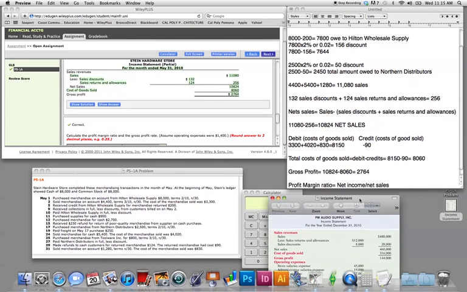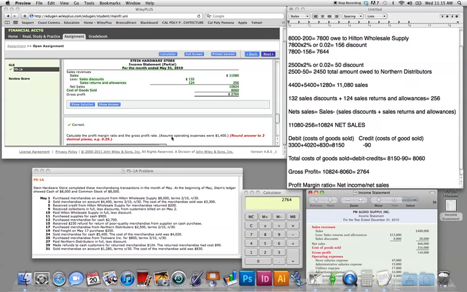So our operating expenses are given to us right here. It says assume operating expenses were $1,400. So we have our gross profit, which is right here.